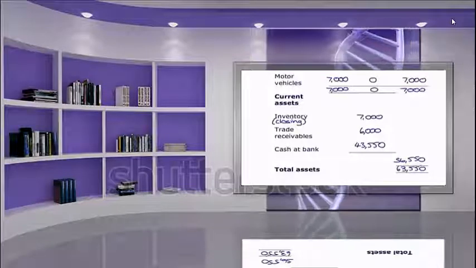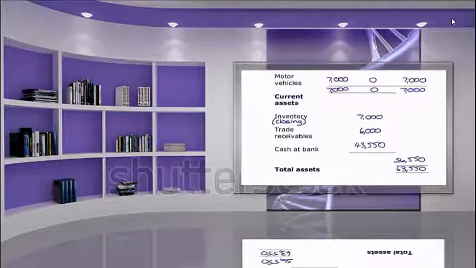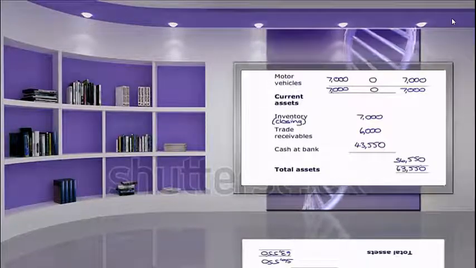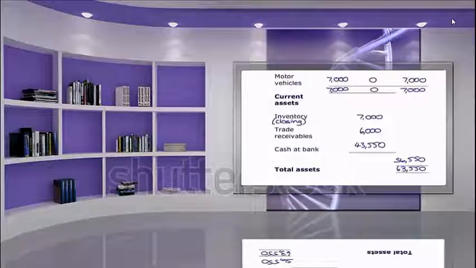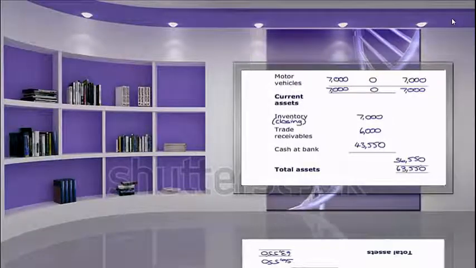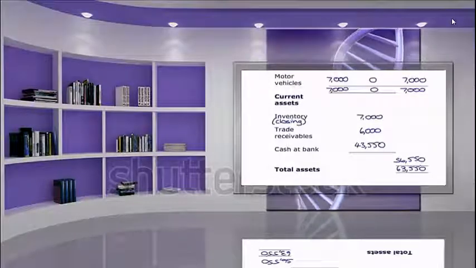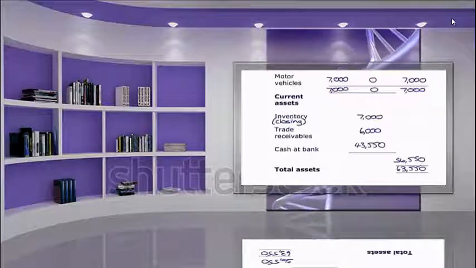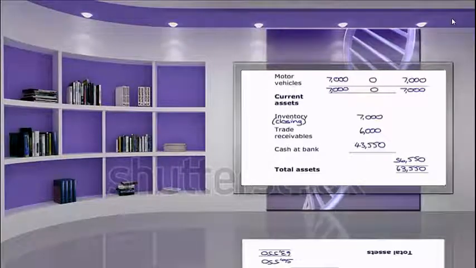Now remember the statement of financial position. Our assets must equal our capital plus liabilities, which is the accounting equation that we saw earlier on. So let's finish this off then.